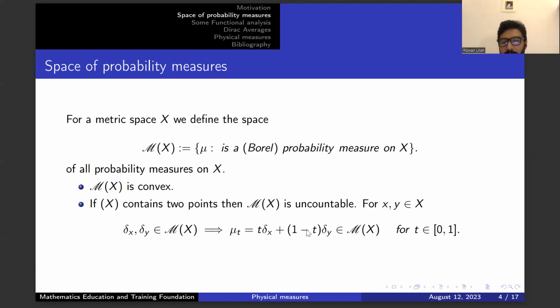measure. By a probability measure, I mean a measure such that the measure of the whole space lies in the interval 0 to 1. Due to this, you can think of the measure mu, which is a probability measure, as just like a probability function as we used to study it in the course of statistics.